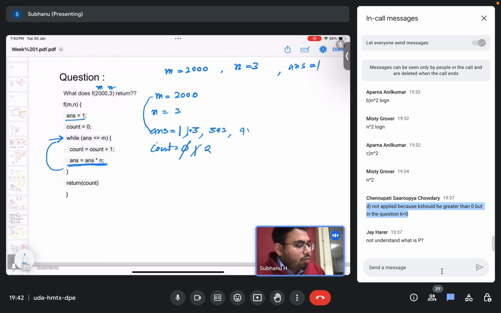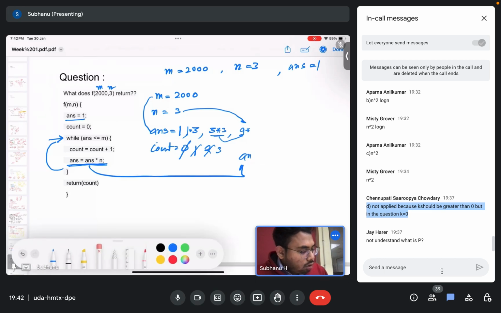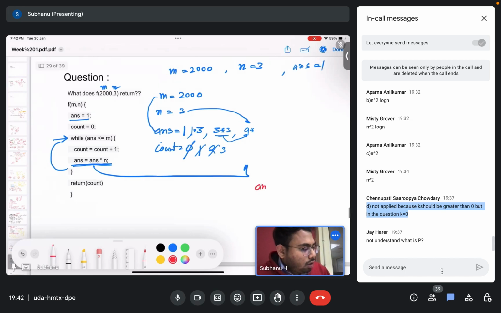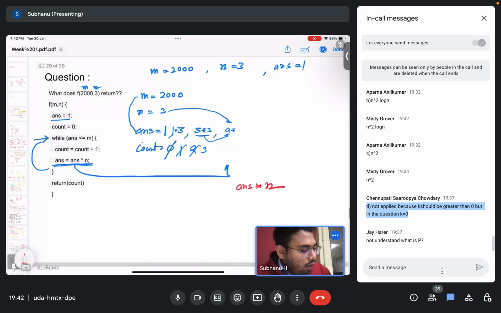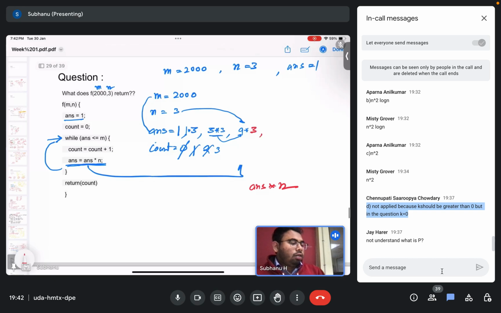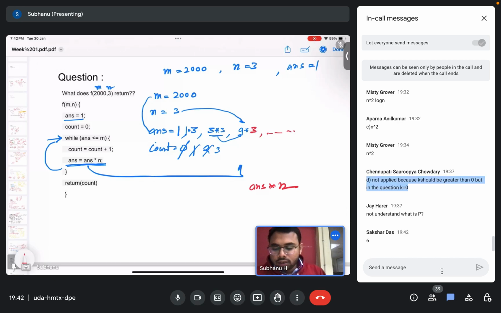Then we have 9, so 9 will come here, and here it is answer into n, so 9 into 3. Okay, so this is the case.